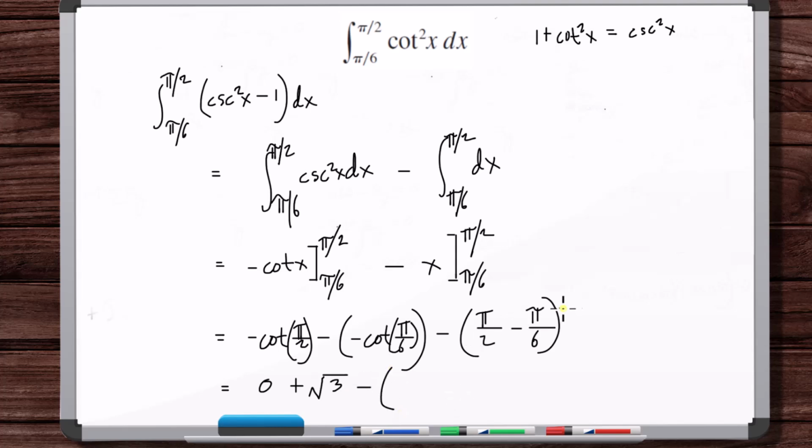Minus, all right, 3 pi minus pi is 2 pi, so 2 pi over 6, which is pi over 3. All right, so root 3 minus pi over 3.